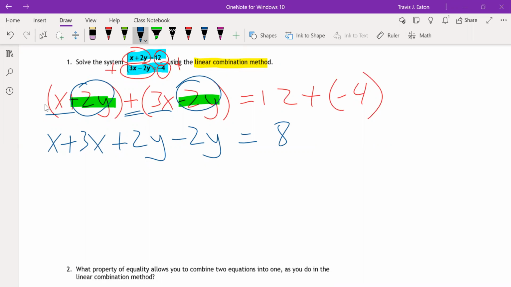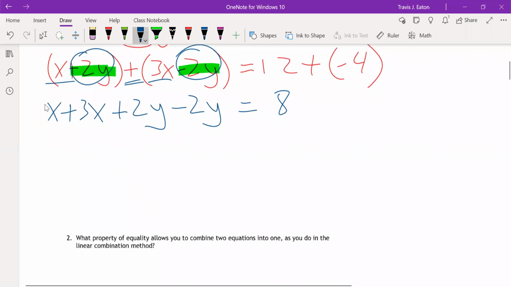Now, when I combine my like terms, x plus 3x becomes 4x. And when I combine positive 2y and negative 2y, those are opposites, right? They cancel each other out and become 0. So they just disappear.